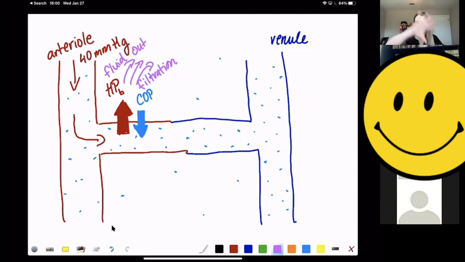So imagine it moving from left to right on this picture. There's going to be that exchange of materials. So when we say that capillaries are sites of exchange, this is what we're talking about. We're filtering all that fluid with nutrients and what the cells need out. Then as it flows through the cells, it's delivering that stuff and picking up wastes.